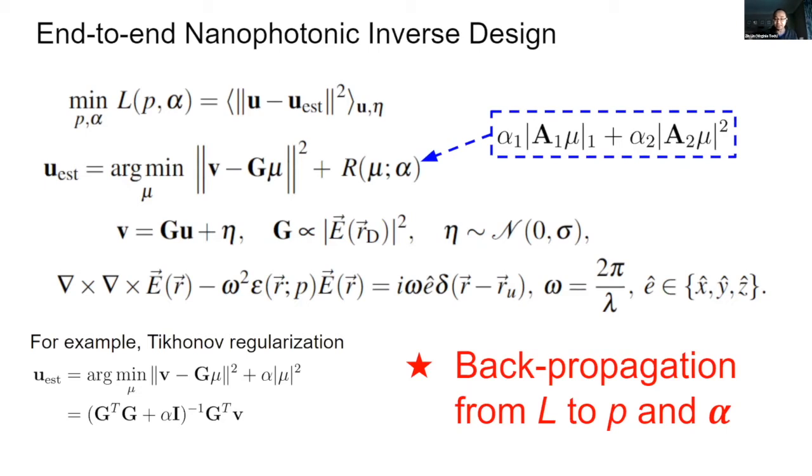That's a point spread function, and the image of the ground truth is a superposition of these point spread functions. So this is the image formation model, and G is of course given by solving the Maxwell equations, because the front end is fully nanophotonics.